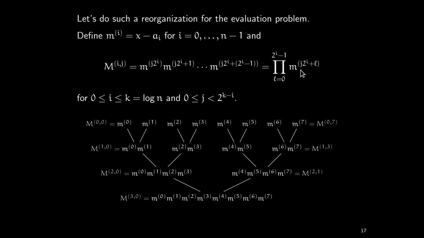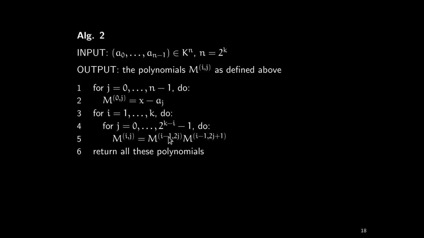Maybe the easiest way is to see it here, really. So these are polynomials of degree 1, and I'm taking a product of 2 to the i such polynomials, so the result is a polynomial of degree 2 to the i. Okay? So this is what I need here in order to see what is the cost of this multiplication.